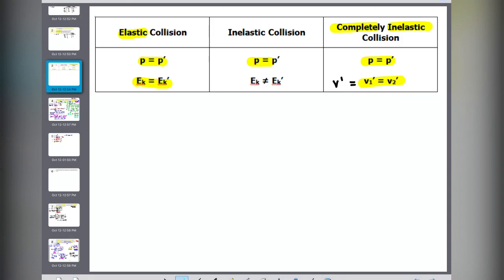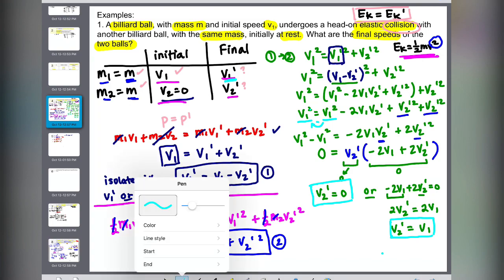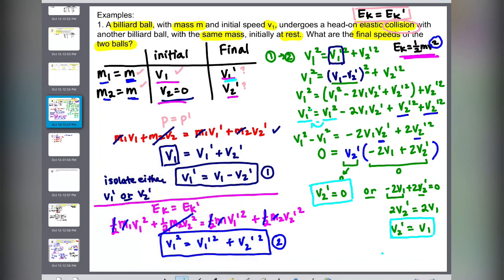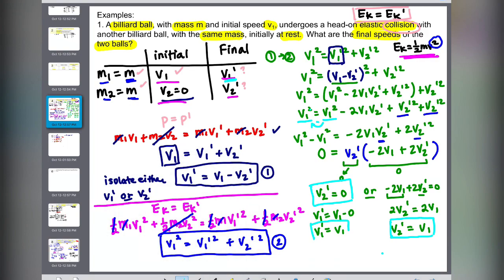The final velocity of the first ball. So I'm going to have to solve for this last one because that's my other unknown. So v1 prime is v1 minus v2 prime, which is 0, so it equals v1. So the final velocity is this. So this is a set of solutions.